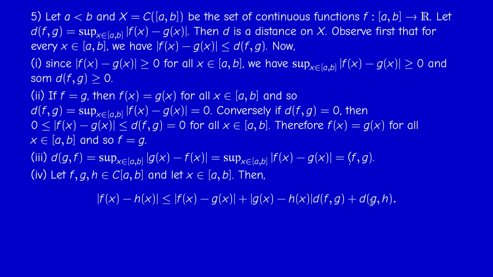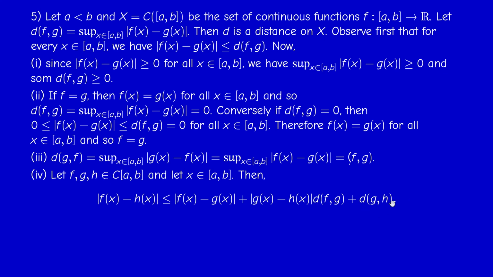Now, as you observed, this is less or equal than d(f,g), so there should be a less or equal here, sorry for the mistake. So this term is less or equal than d(f,g), as you observed here, and the second term is less than or equal to the distance between g and h. So d(f,g) plus d(g,h) is an upper bound, and this is true for every x.